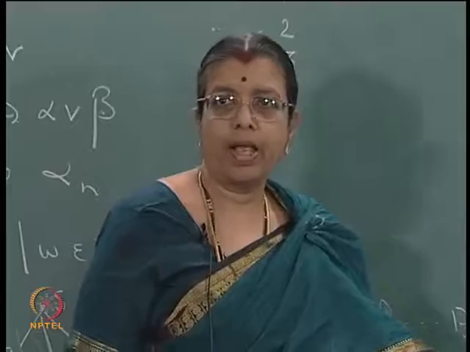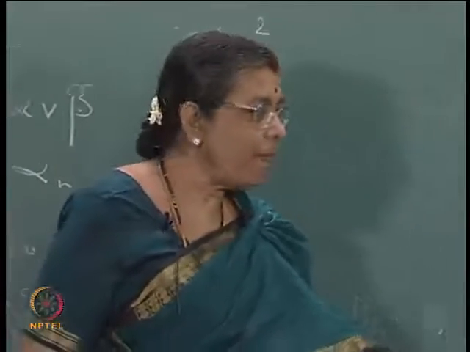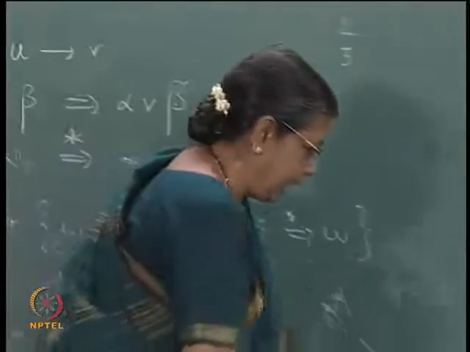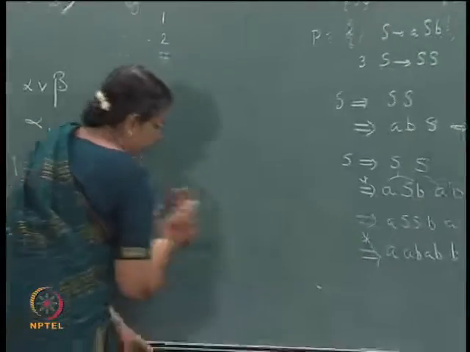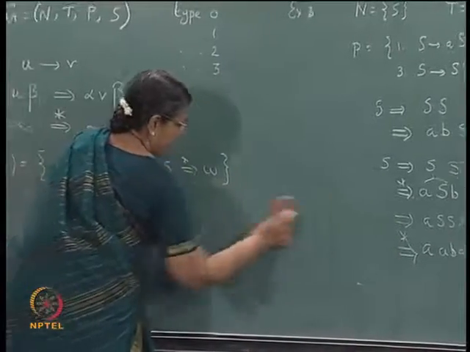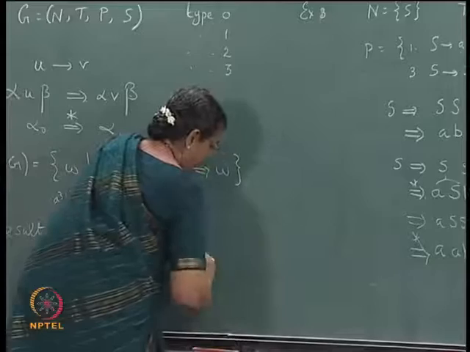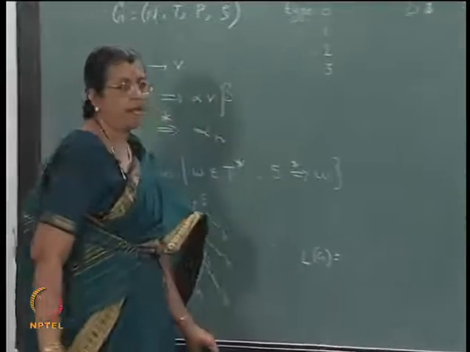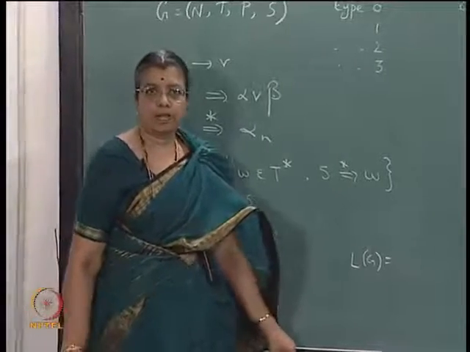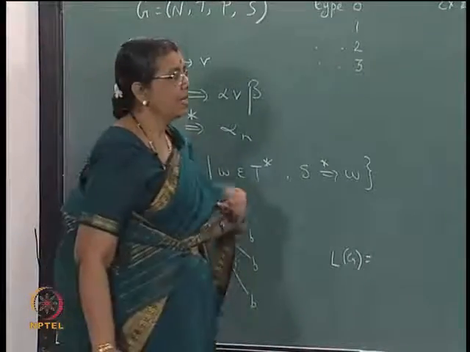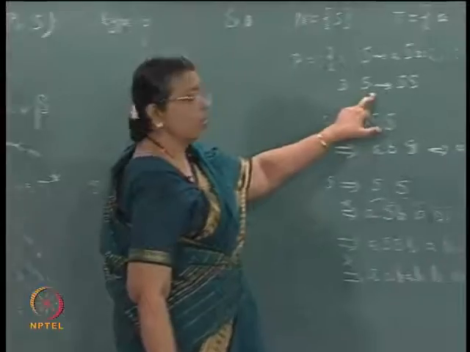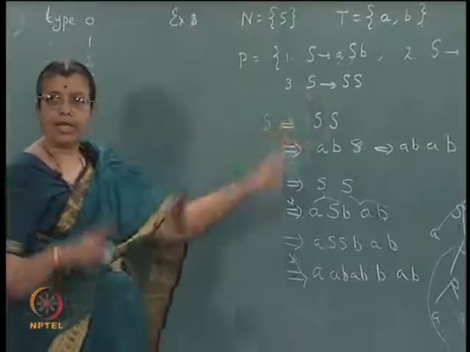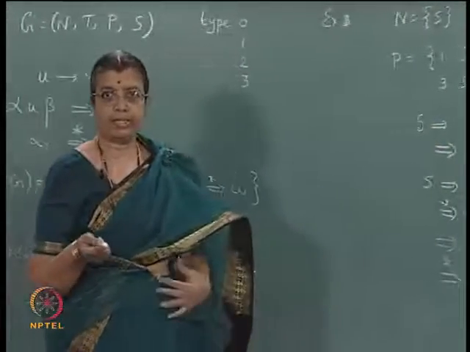Okay. Now, how can you describe precisely what is L(G) here? You must realize that when you use rule 3, you are generating only SS.